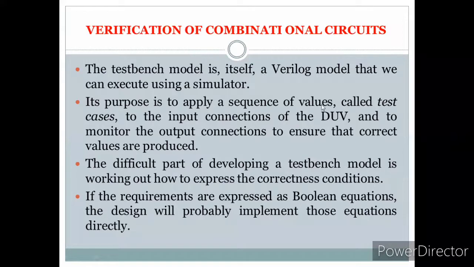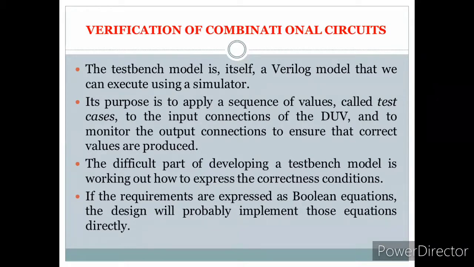The purpose is to apply a sequence of values called test cases. All possible input configurations are called test cases, applied to the input connections of the DUV, and to monitor the output connections to ensure that correct values are produced. This is the basic important thing you must know.